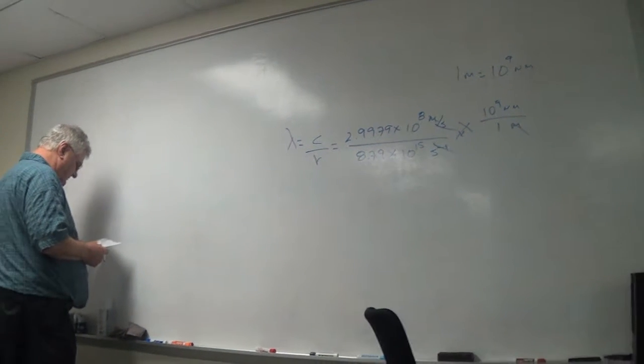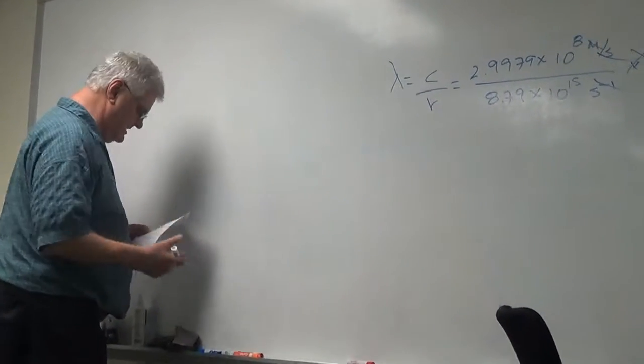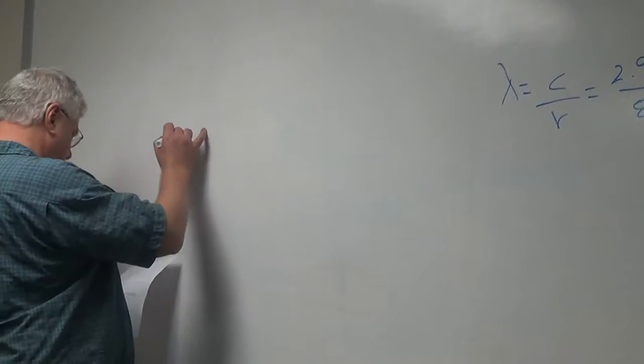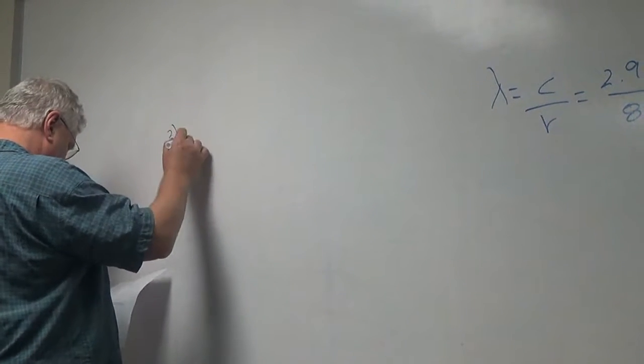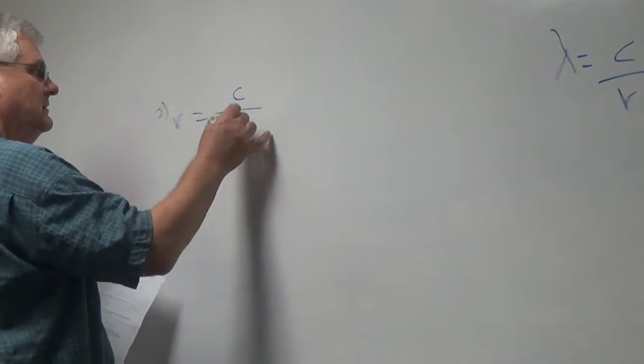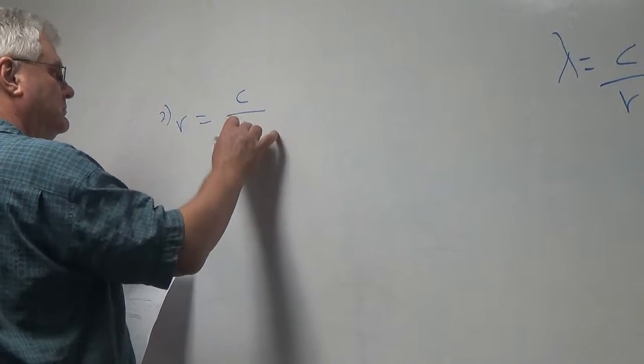Number 2, calculate the frequency of visible light that has a wavelength of 686 nanometers. Again, rearranging the same equation, frequency is going to equal the speed of light divided by the wavelength.